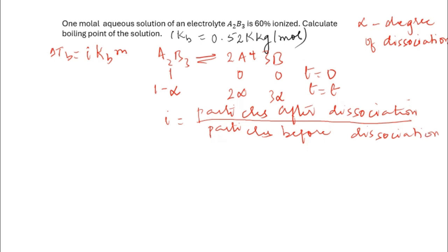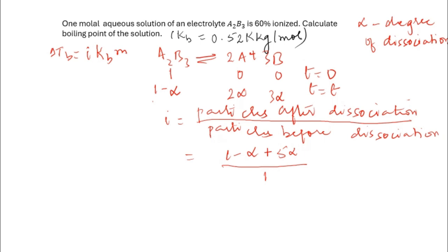Now, after dissociation, the number of particles, as you can see, are 1 minus alpha plus product particles, 2 alpha plus 3 alpha, which is 5 alpha, divided by 1, as the particles before dissociation were 1. Now I am going to give a generalized formula for calculation of particles after dissociation.